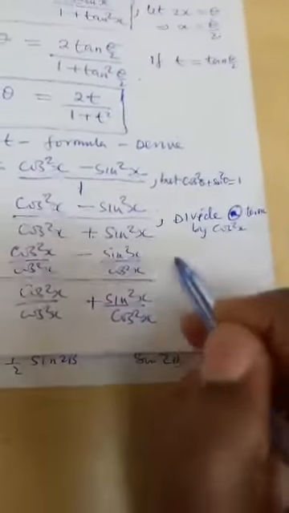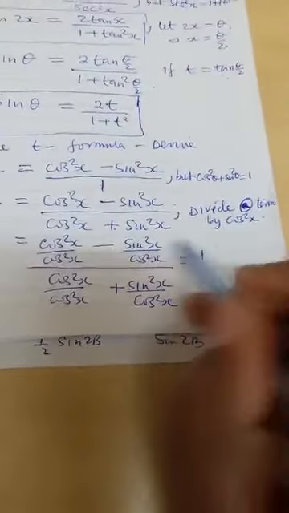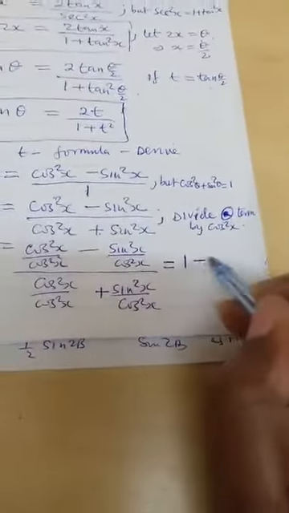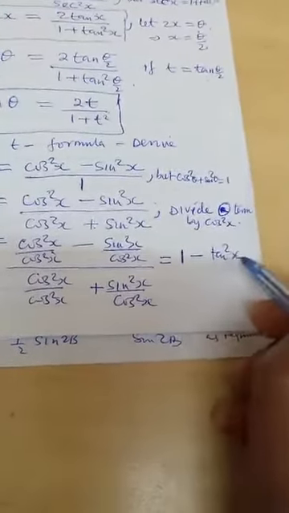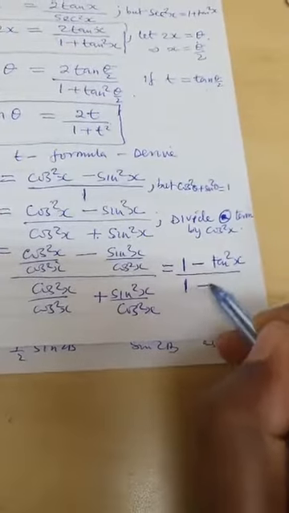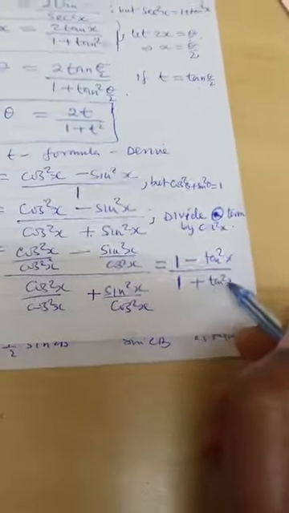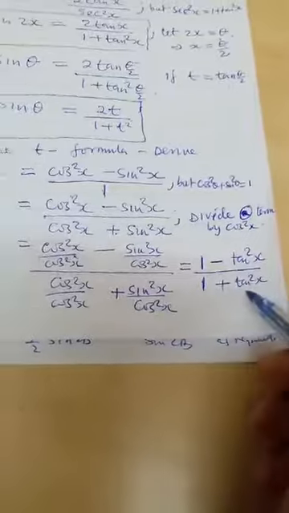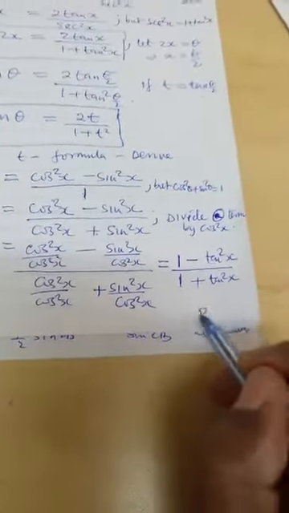If I incorporate it in and I put it here before I move to the next page, you will agree with me that this will be 1 here, and this will be minus tan squared x over 1 plus tan squared x. It simplifies to simply that. I'll move to the next page. That means I'm picking cos of 2x is equal to now this.